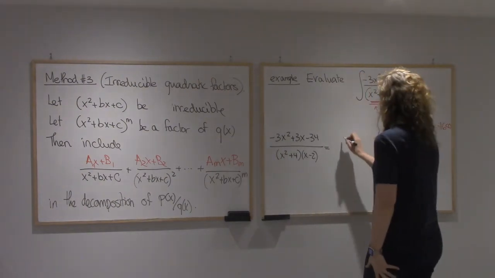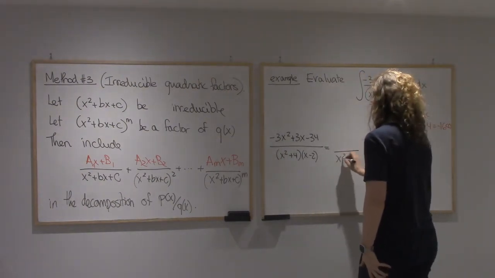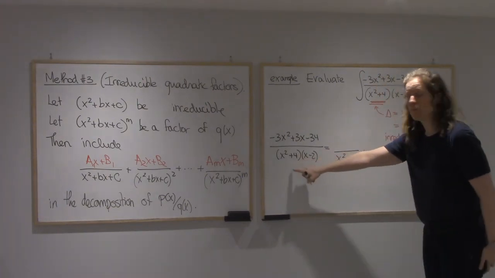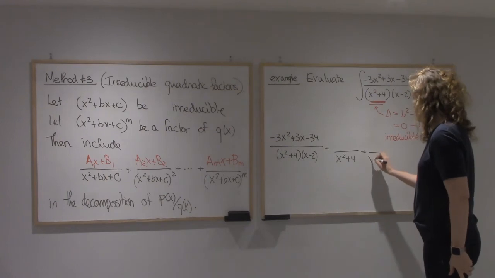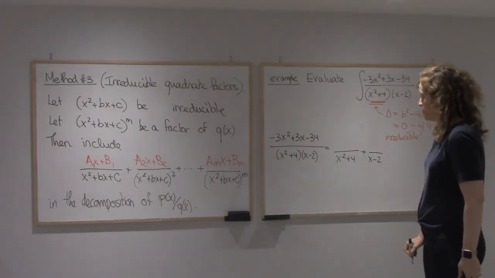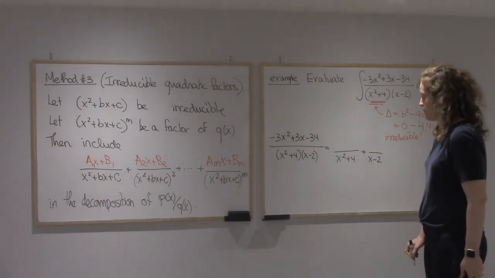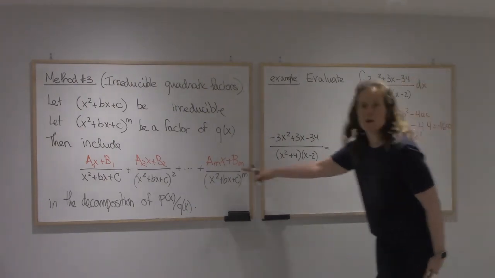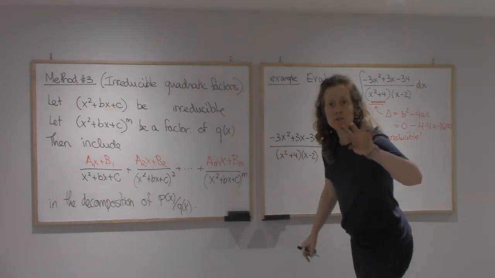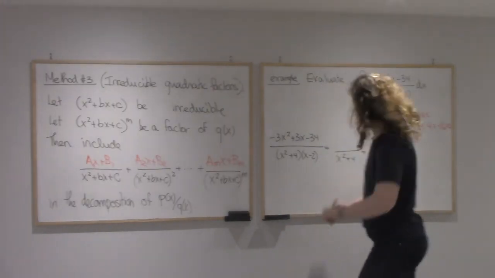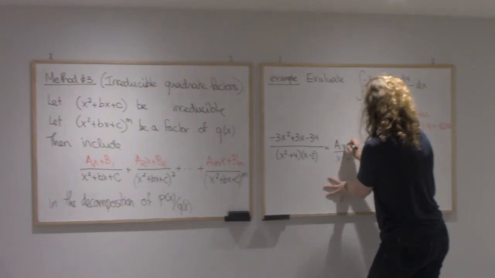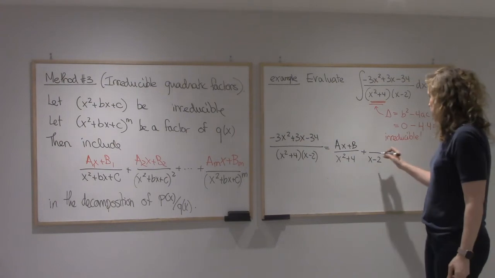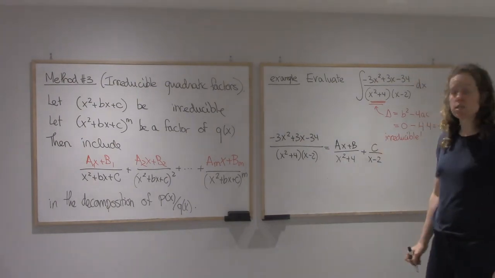I will have one term with x squared plus 4 in the denominator, one term with x minus 2. Now here, I'm told that since my factor is quadratic, the top should be linear, so I'll use ax plus b. Now this one is method 1, I have just x minus 2, I need just simply a constant.